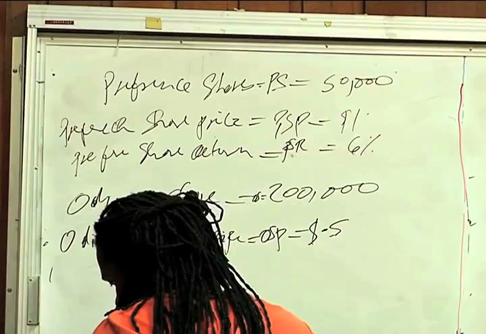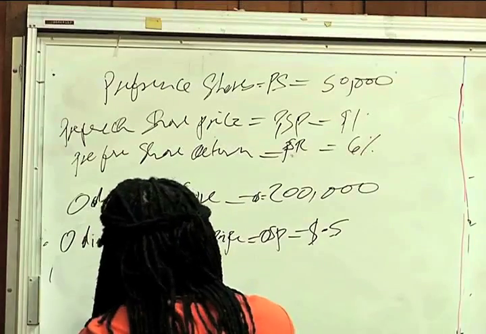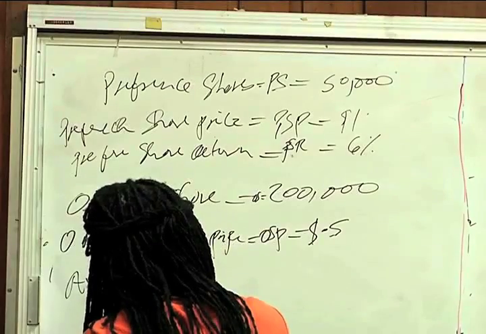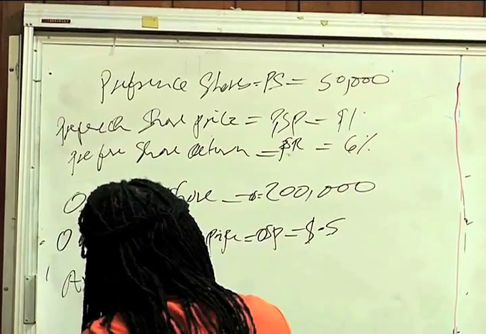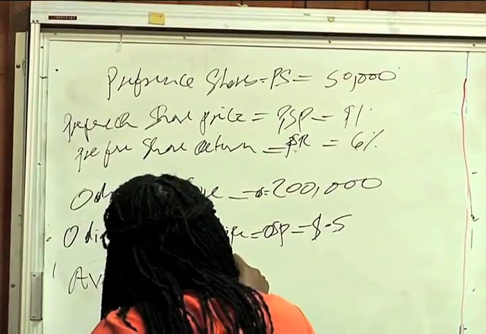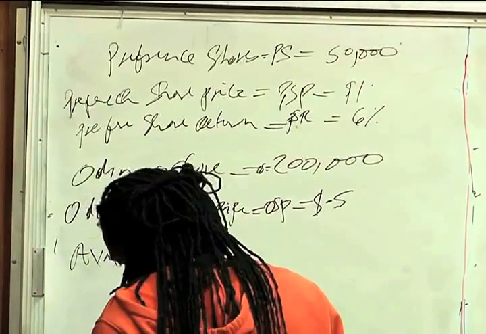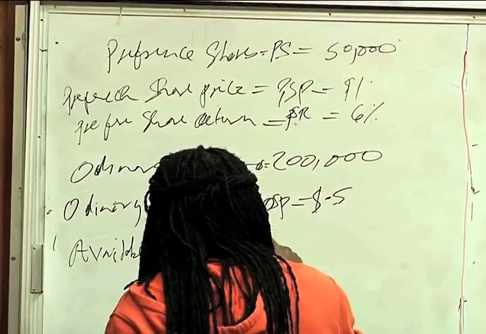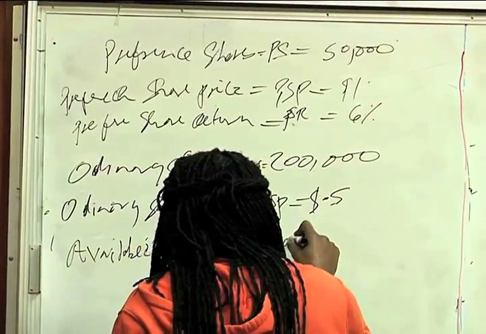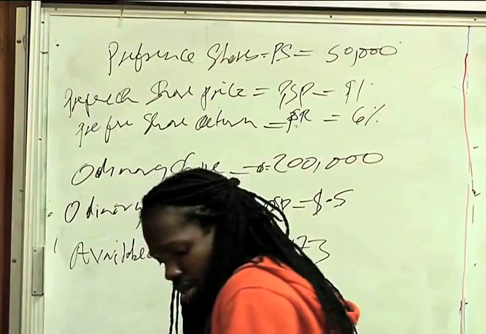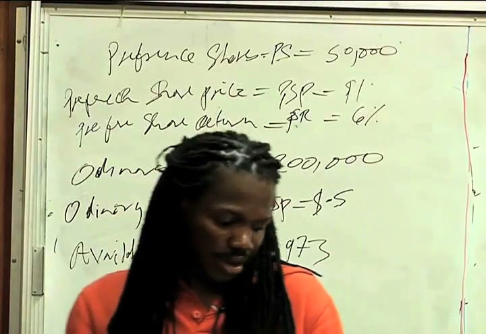What else do you know? Available profit, AP, equals 11,973. All of these things are in the question. That's all we know from the question.